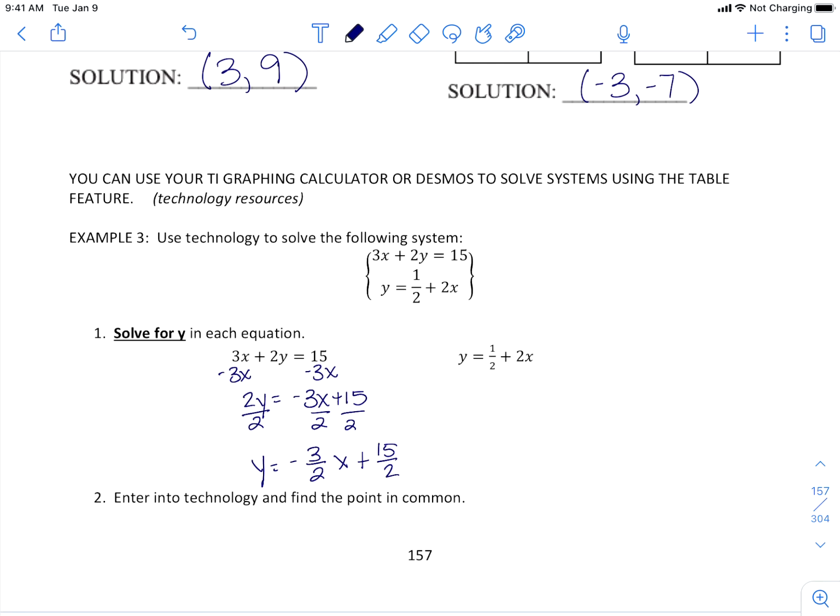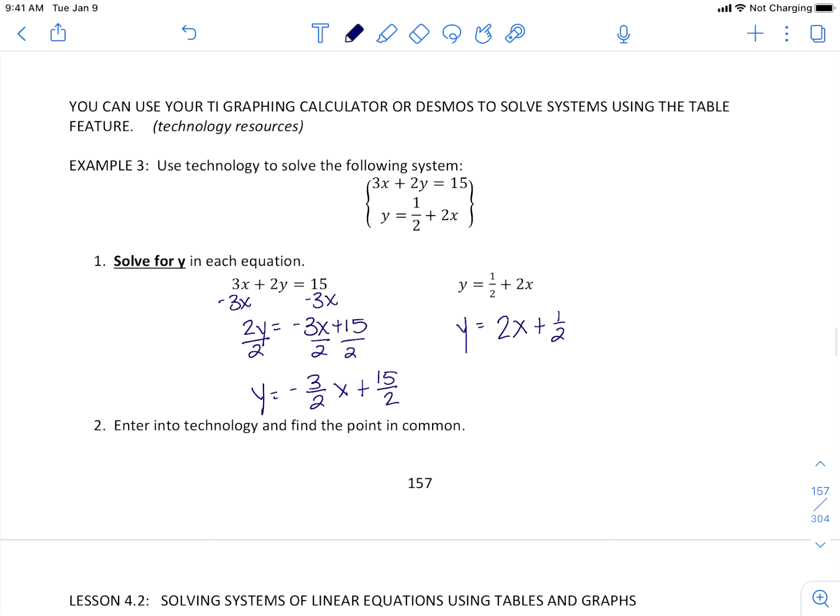Our next one, y equals 1 half plus 2x. I'm going to rewrite it as 2x plus 1 half. So it says enter into technology and find the point in common. So let's go to Desmos.